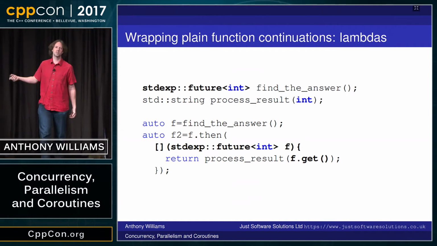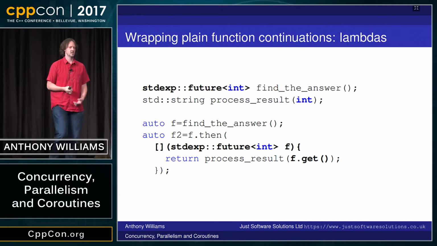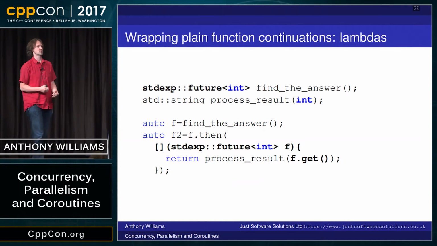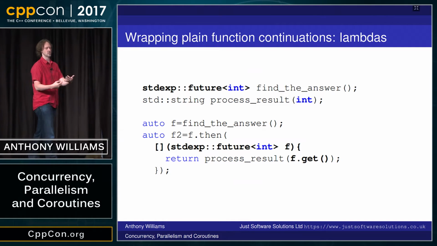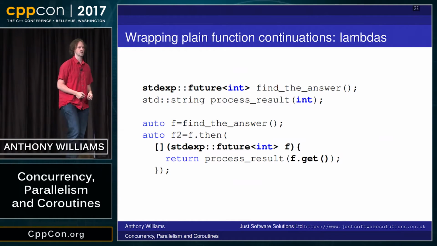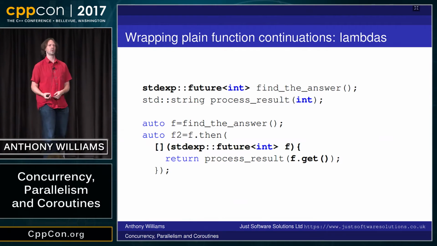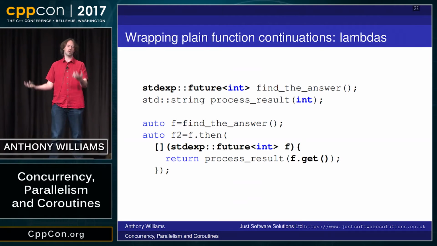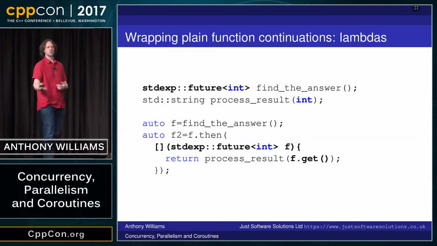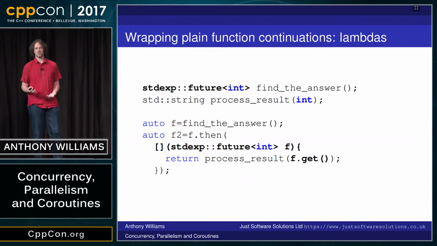I've specified the lambda function parameter there as an experimental future, but of course you could just type auto. Our lambda takes auto f and then returns a call to the function that we're actually wanting to call. And that f.get will throw the exception if there was one, which will then be propagated out and caught, so you don't have to worry about what happens in the exceptional case.